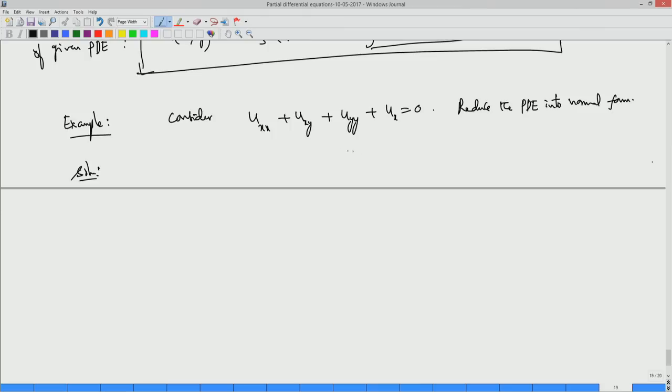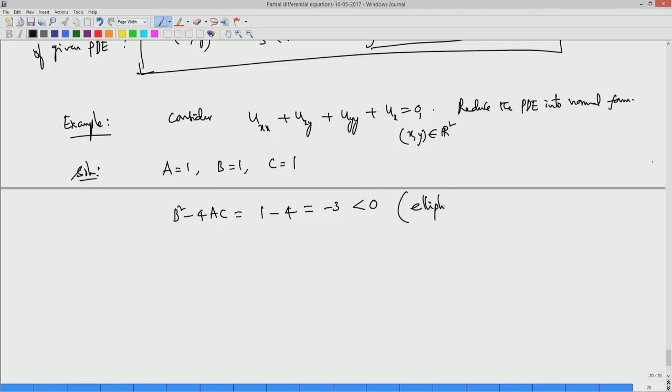Again we look at A, B, C. A is 1, B is 1 and C is 1. So B square minus 4AC is 1 minus 4, that is minus 3. So this is negative. Immediately you can say that the equation, valid in the full plane, is elliptic. I can directly conclude this by just looking at the discriminant B square minus 4AC.